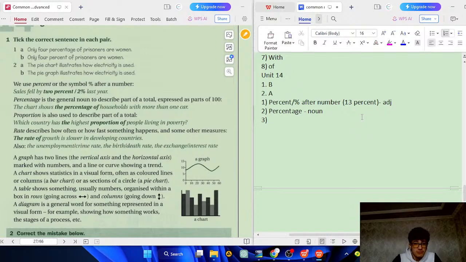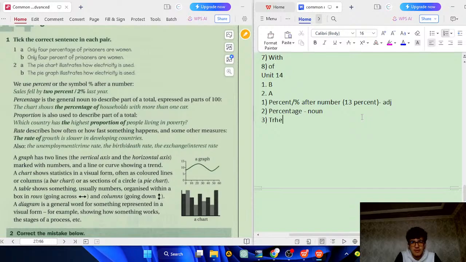Proportion is also used to describe part of a total. Which country has the highest proportion of people living in poverty?